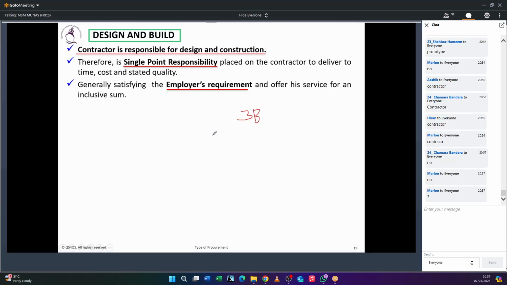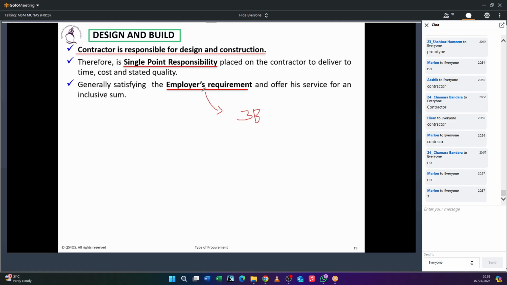Did you talk about the kitchen size, or the bedroom size, the minimum requirement, or the number of restrooms? If you don't have such numbers or sizes in your requirement, or the finishes type, if you don't mention any finishes type, you will get the lowest quality, right? You can go for cement rendering. Now, if you want granite, what should you do? You have to mention it in your employer requirement. So the employer requirement must be clear enough.